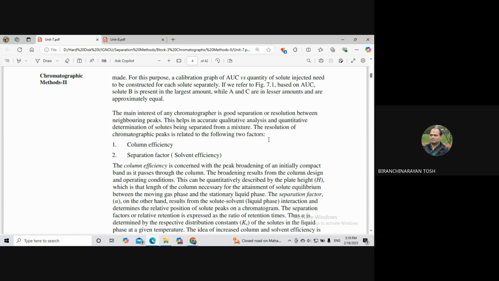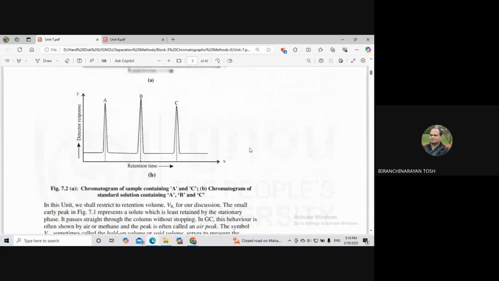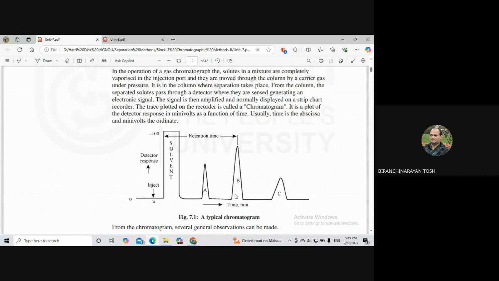If we refer to the first figure, it is based on area under the curve. Solute B is present in large amount as compared to A and C, while A and C are in lesser amount and are approximately equal.